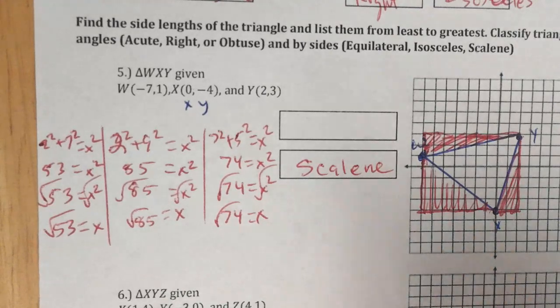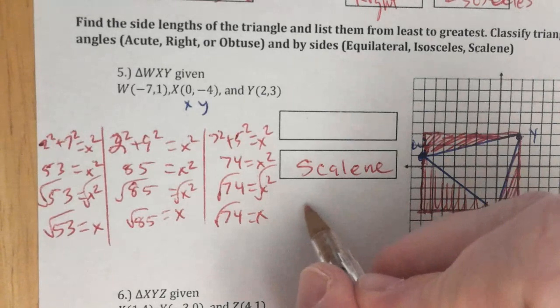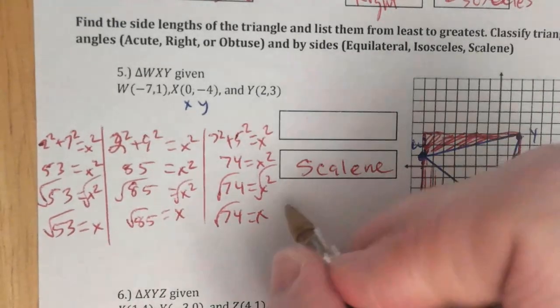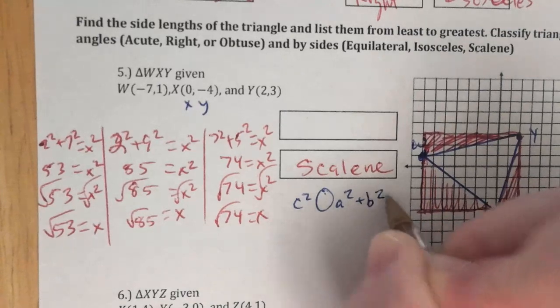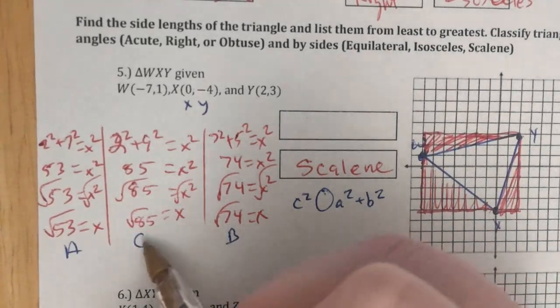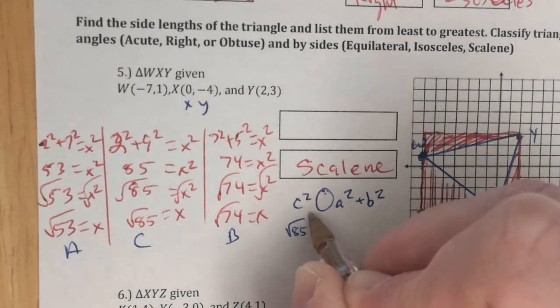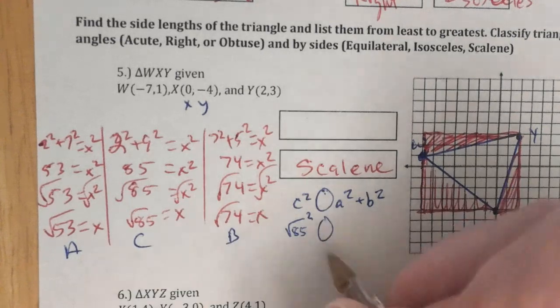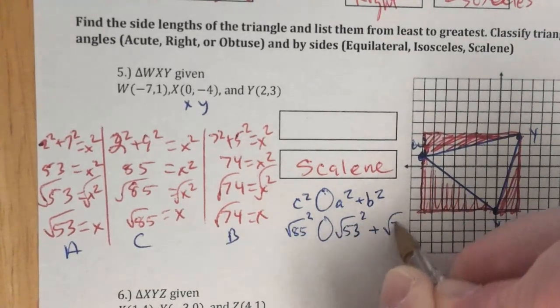And if you're curious, because I'm just looking at this, I know, so we would do, I'll do some blue, how does c squared compare to a squared plus b squared? So this is a, b, c, because c is the biggest one. So that would be the square root of 85 squared. How does that compare to the square root of 53 squared plus the square root of 74 squared?